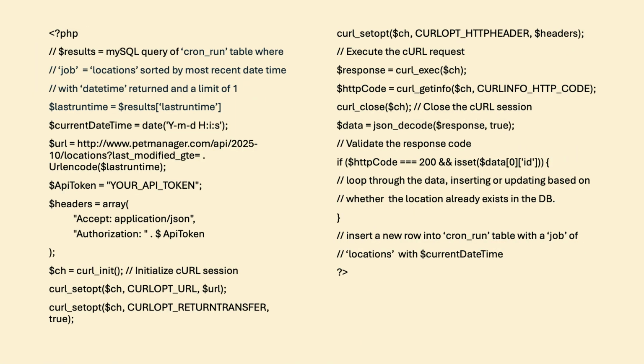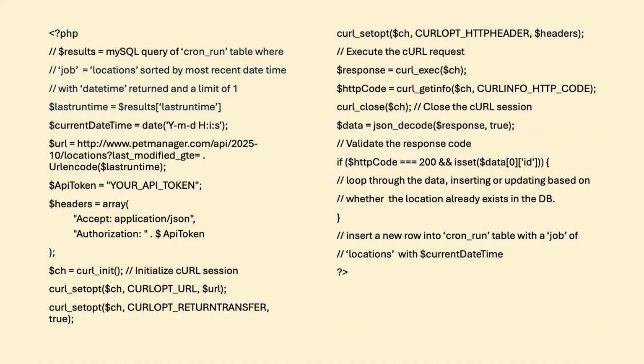So let's look at some simple code of how we'd implement this. The first few lines I've commented out, but basically all you're doing in this is applying it for your platform of choice. How would you apply this code? So I'm setting to a results variable a SQL query of the cron run table where job equals location, sorted by the most recent date time, with date time as the date time returned.